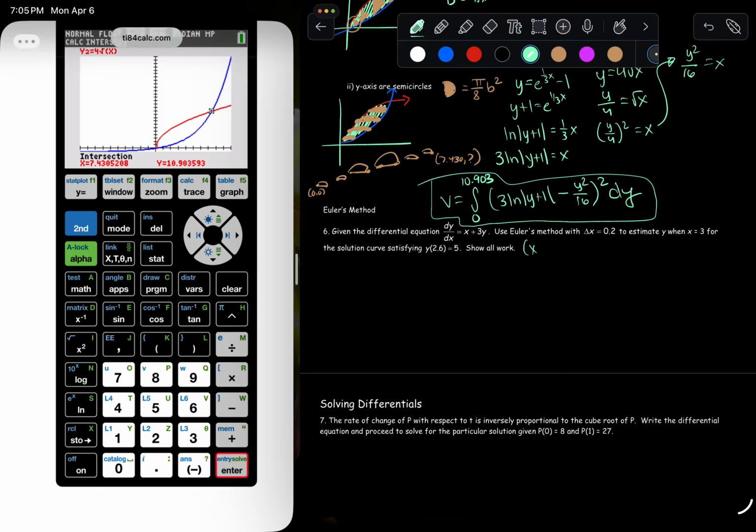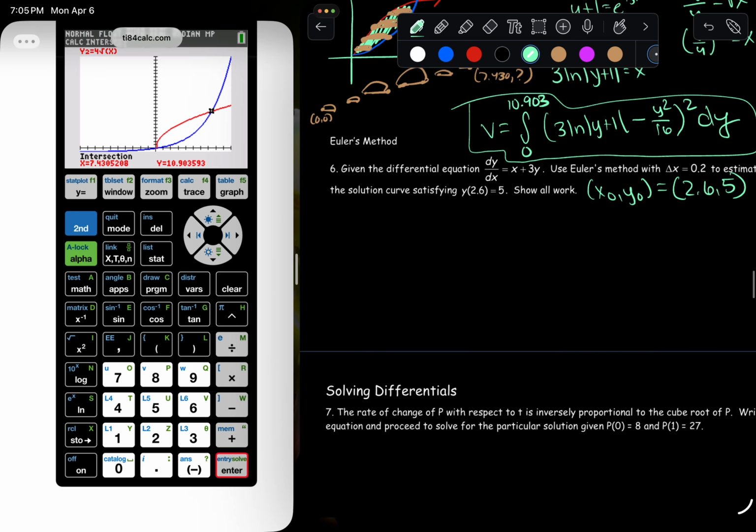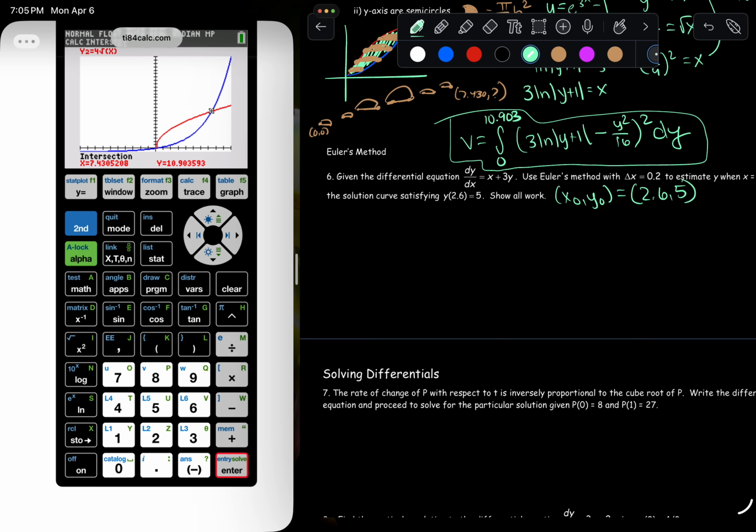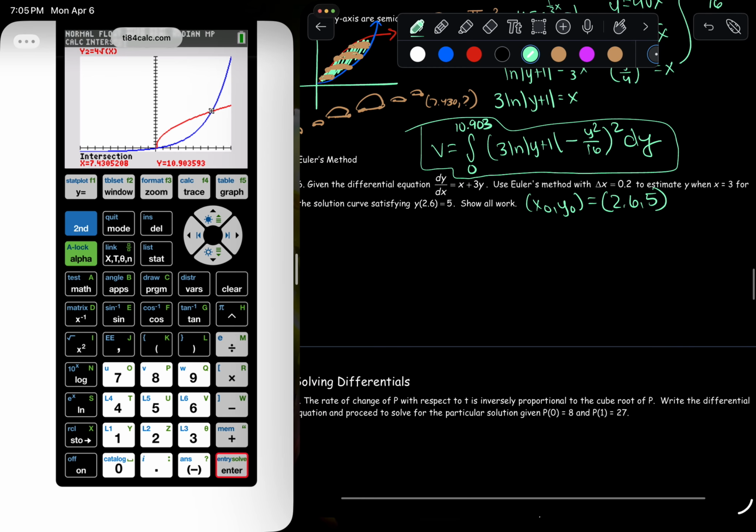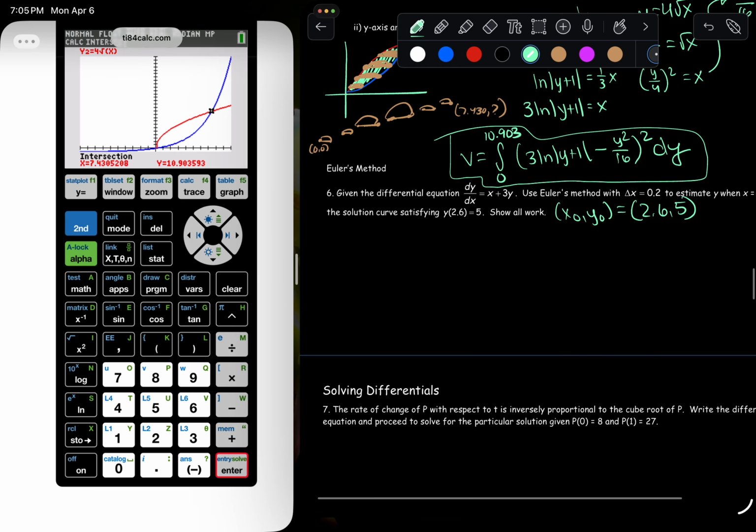We know where we are starting, x naught and y naught, that is equal to 2.6 and 5, okay? So that's where we are starting, and we are using Euler's method to approximate when x is equal to 3, and we have delta x is equal to 0.2. So what you want to think about for this is basically the equation for a line, because that's what we are using.